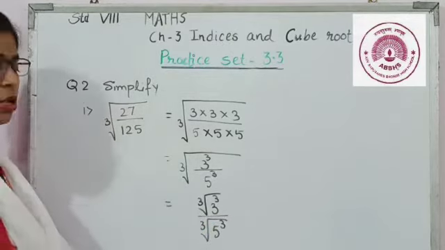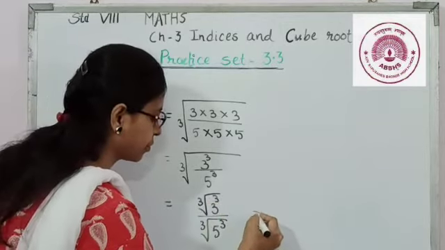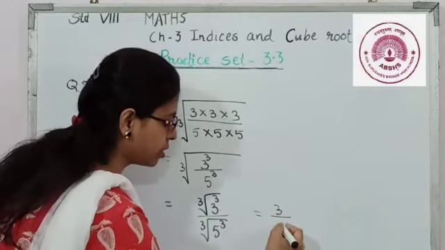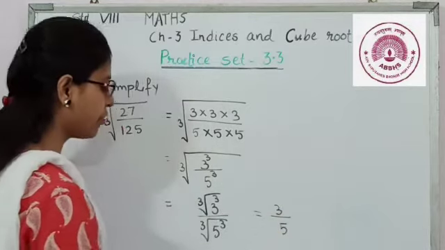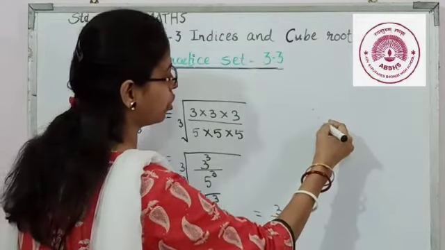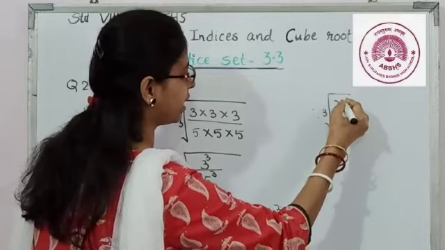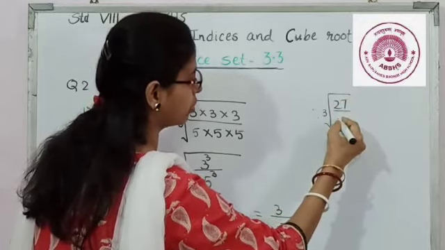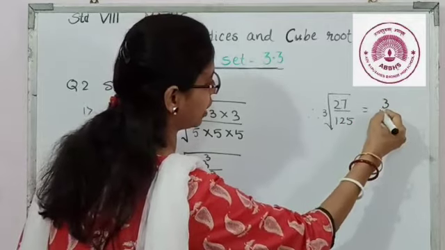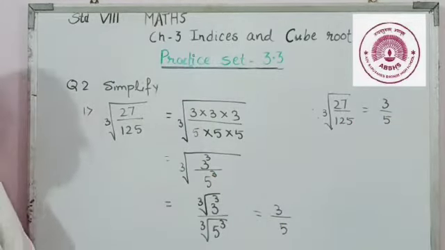Now cube root of 3 cube is 3 and cube root of 5 cube is 5. So this is our final answer. Therefore cube root of 27 upon 125 is equal to 3 by 5.